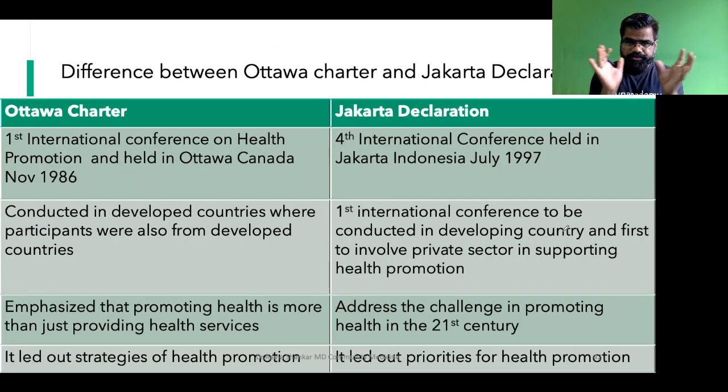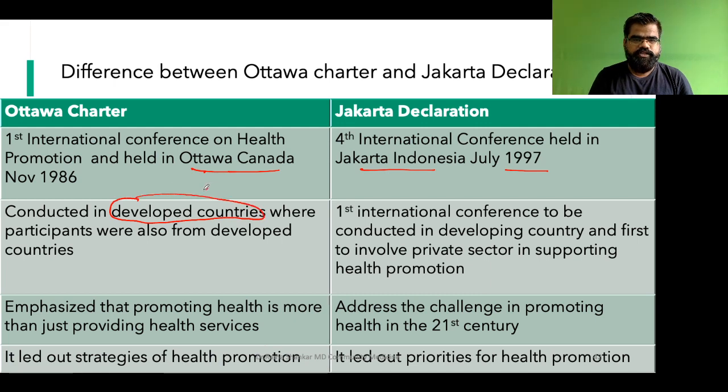Now let's try to differentiate between the two. First, if you see the Ottawa Charter, as I said, Ottawa, Canada, and Jakarta, 1997. In the Ottawa Conference, all the developed countries participated, students.